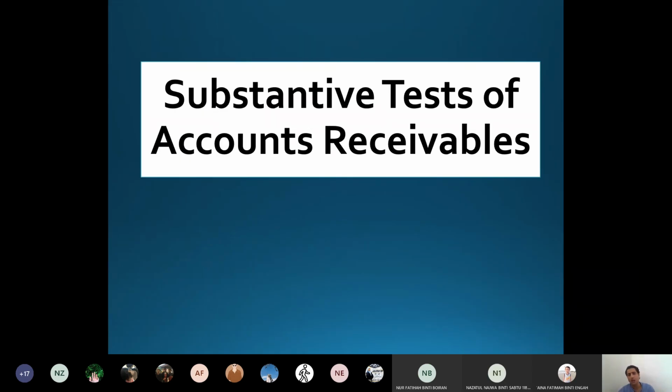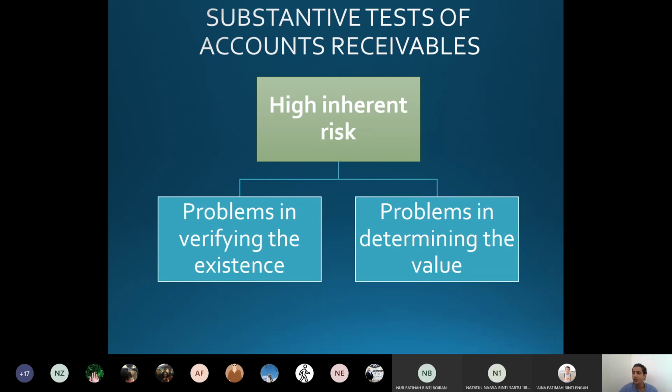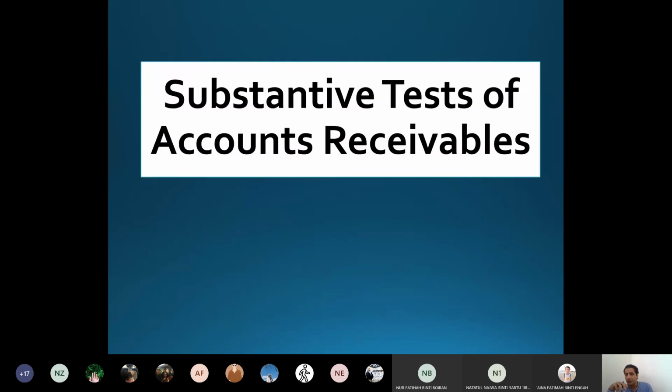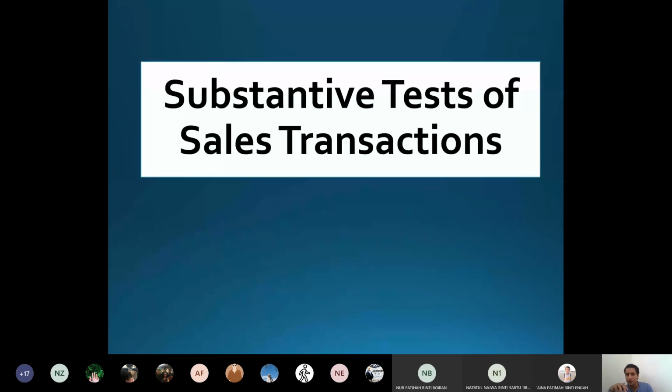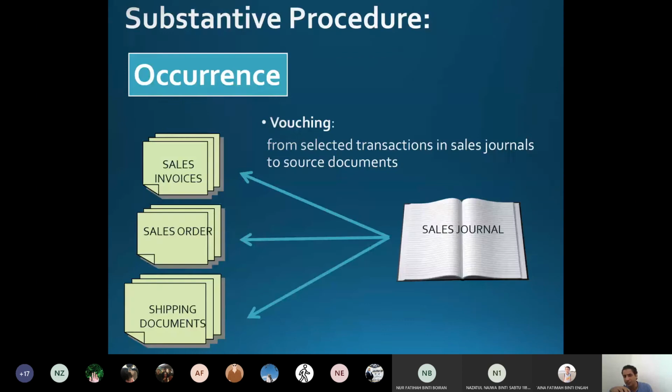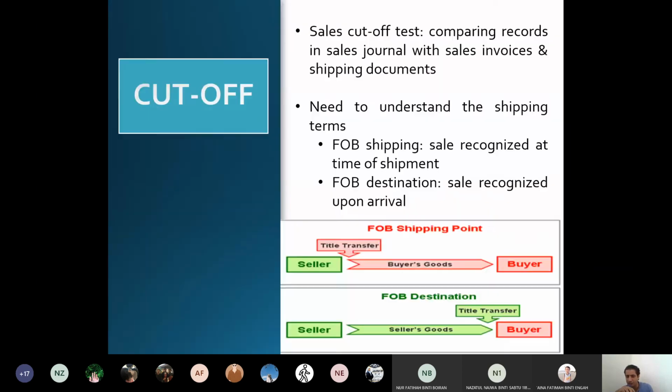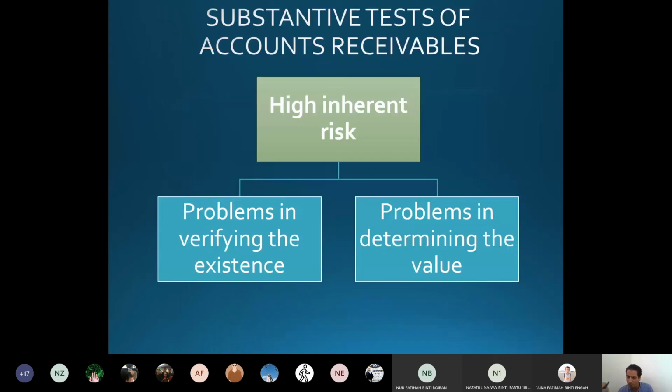Okay. So after we finish that, we will do the substantive test of accounts receivable. Just now, we did the substantive test of the transaction itself when the transaction happened. But let's say, what is the substantive test of accounts receivable?